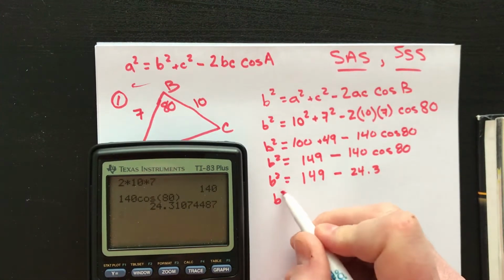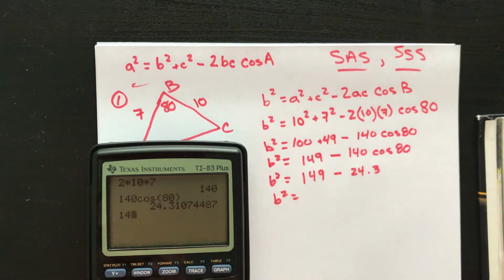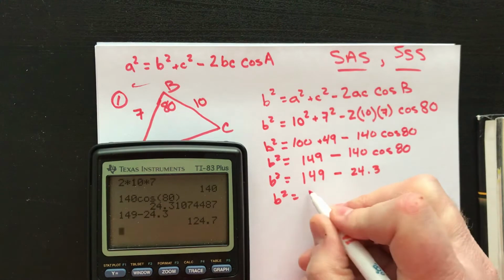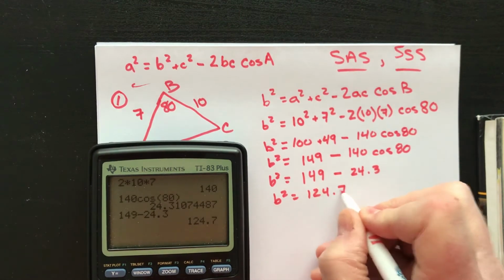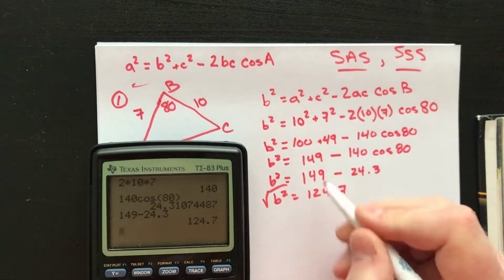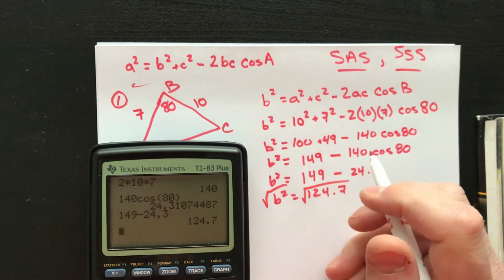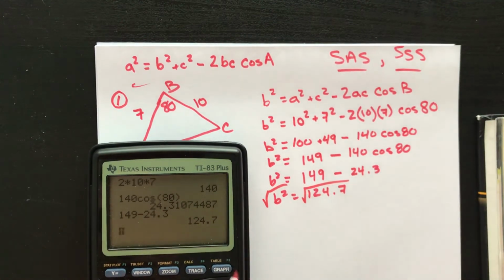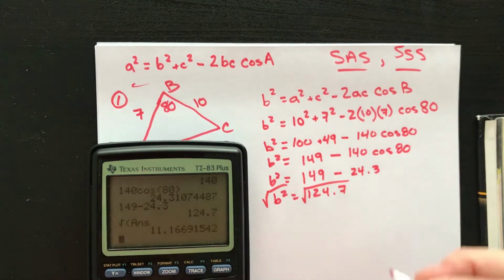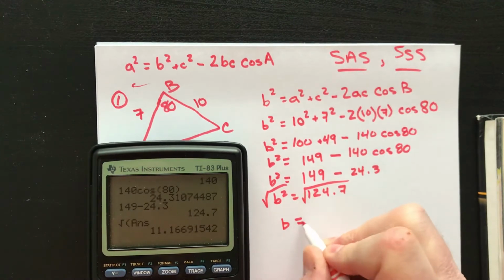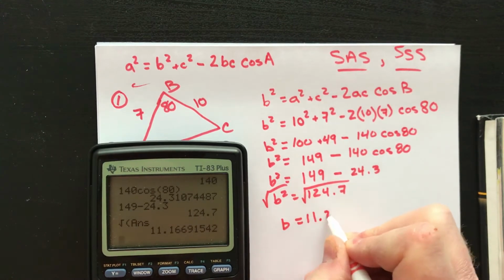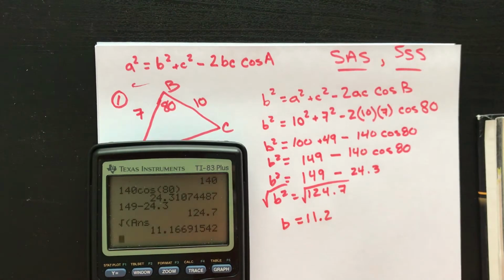So my next step, what is 149 minus 24.3? 124.7. And then your last step, take the square root. So the square root of the answer, 11.2. All right? So that's your answer.